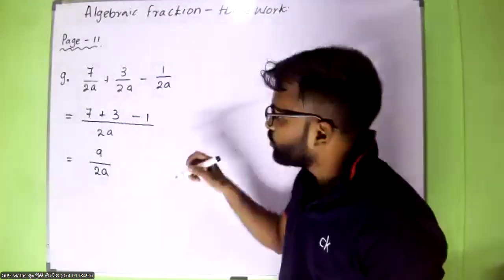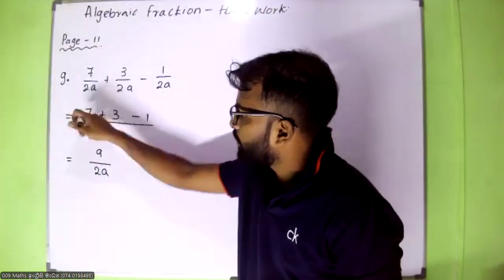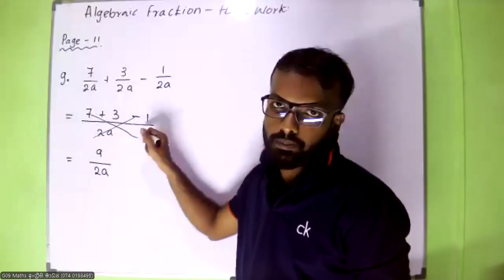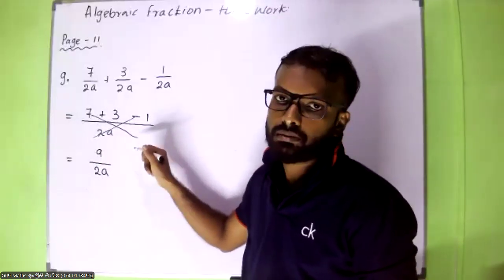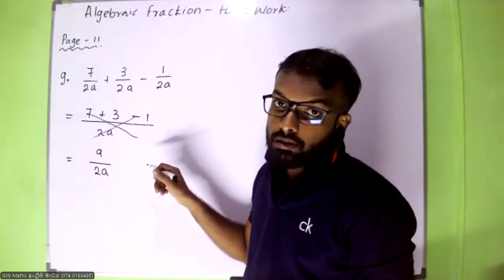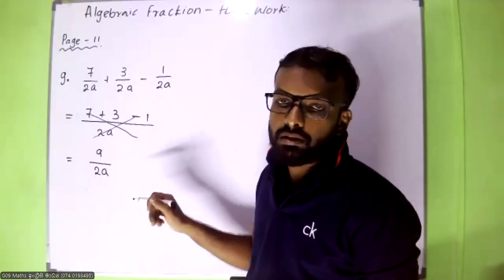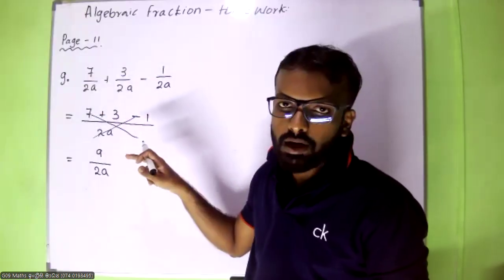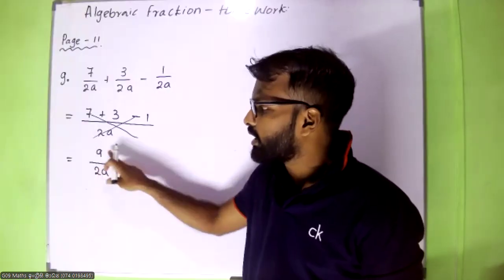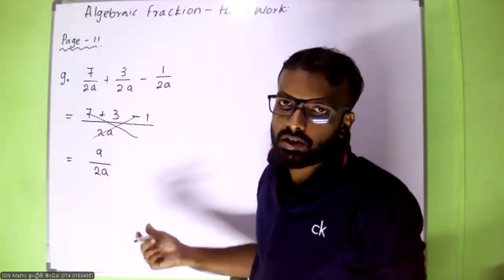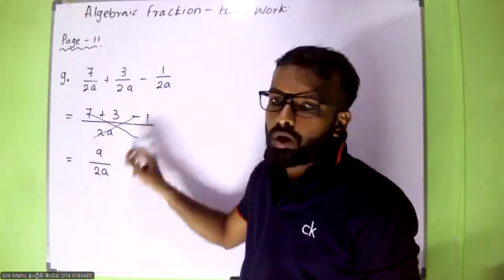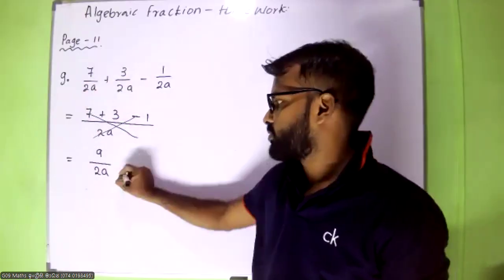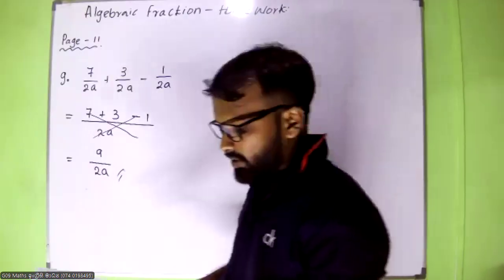Actually, you need not write this step. If you can use your mind to simplify the numerators, you can get the answer directly. The denominator is 2a, 7 plus 3 is 10, 10 minus 1 is 9. So that is the way.